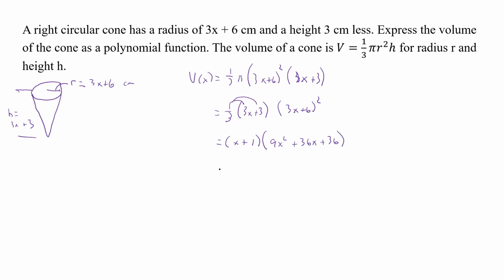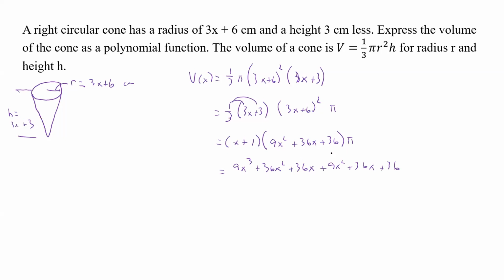Now I can multiply that, so that's going to be 9x to the third. Oh, we still forgot pi here, so there's a pi on the end. So that's 9x cubed, and then plus 36x squared plus 36x. And then we have plus 9x squared plus 36x plus 36.